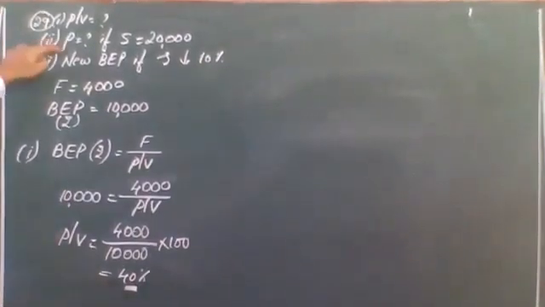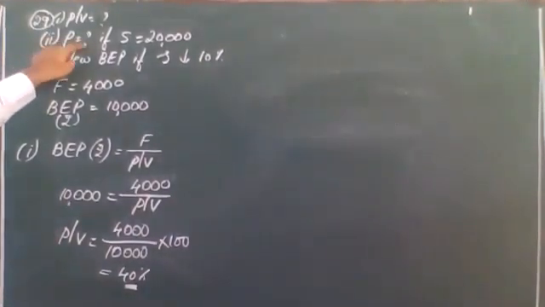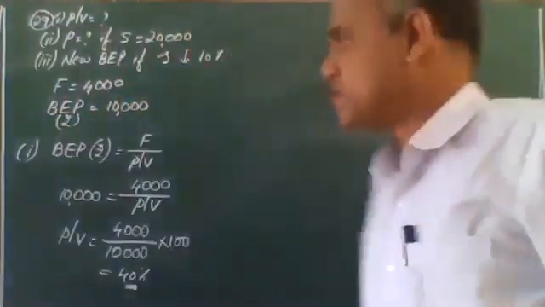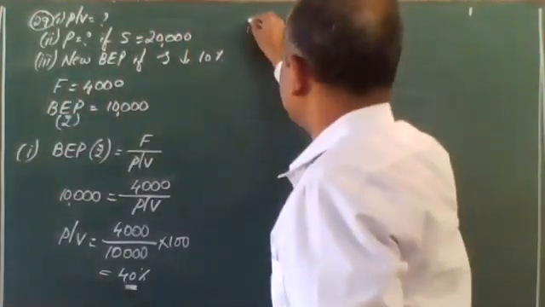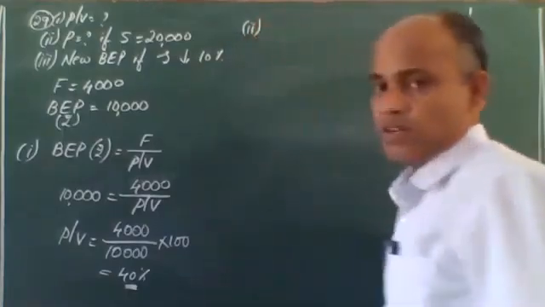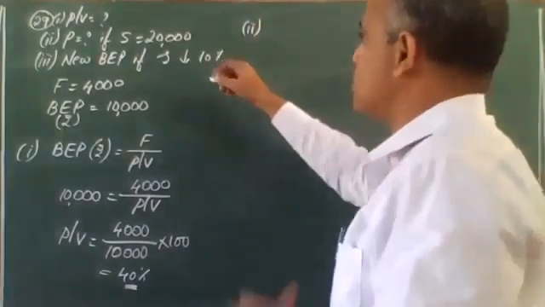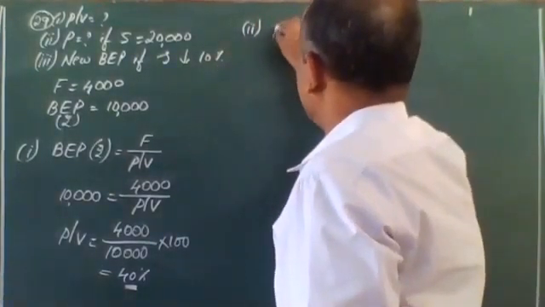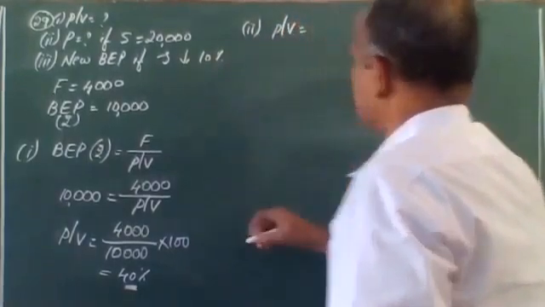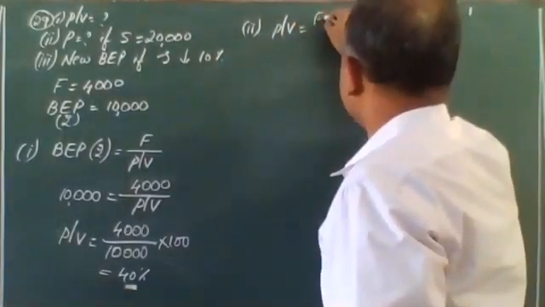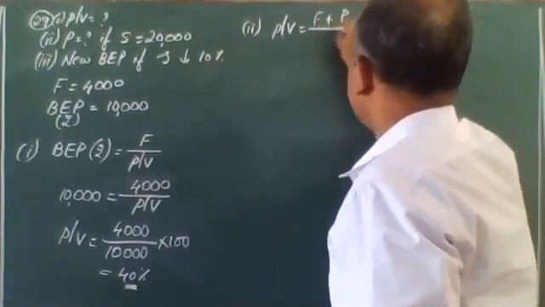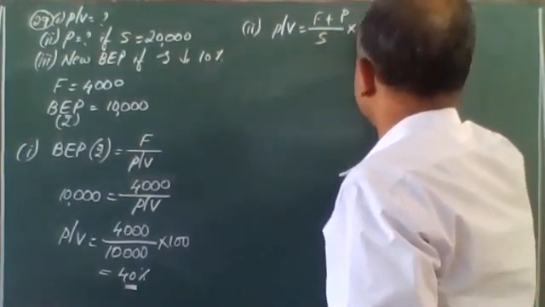Alright, what is the second question is asking you? Profit is how much if sales is 20,000. In the previous numerical only we have done. The missing information formula we will apply. What is it he's asking? Profit is how much? PV ratio is equal to F plus P by S into 100 is the formula.